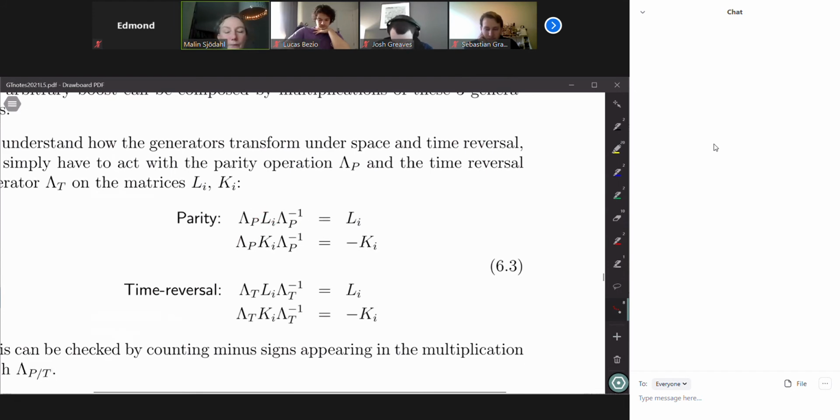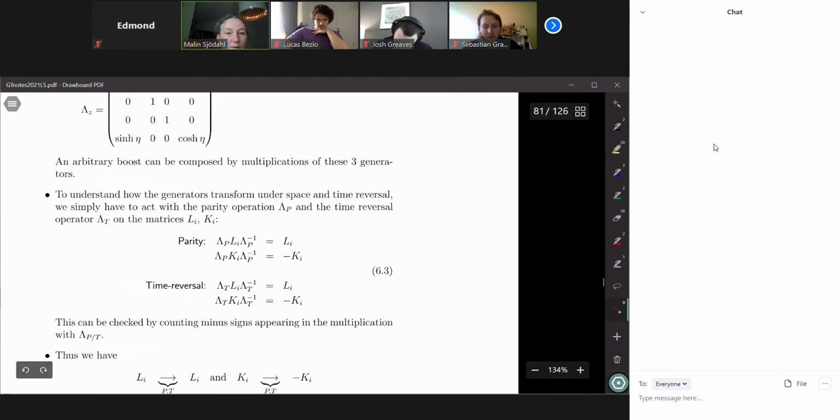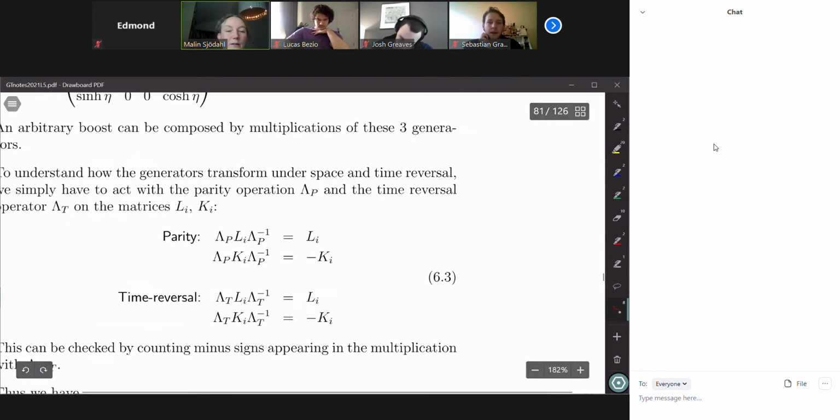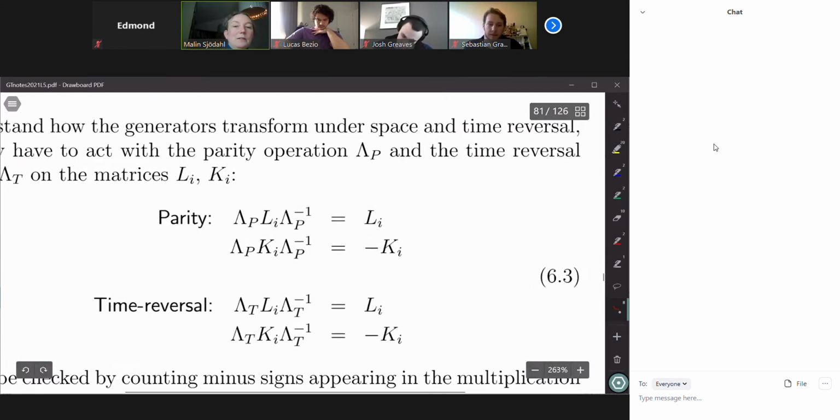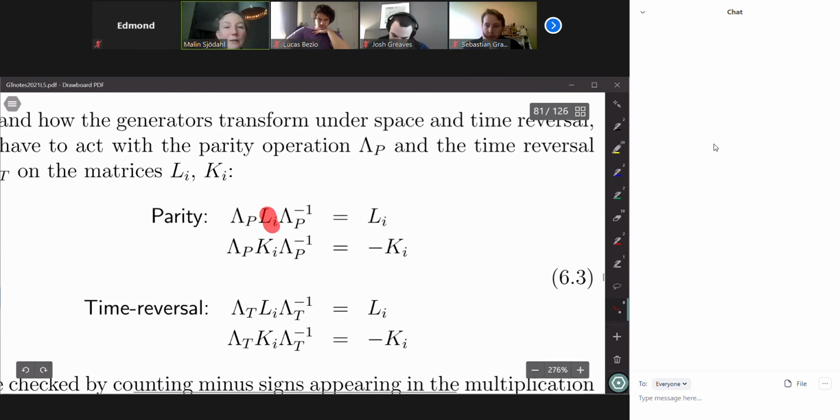Now, parity is of course only changing the direction of space, and the rotation generators sit in that 3 by 3 corner of the matrix. But we get one sign there, and we get one sign there. So the effect of this one is canceling the effect of this one. So under parity, Li goes to Li.